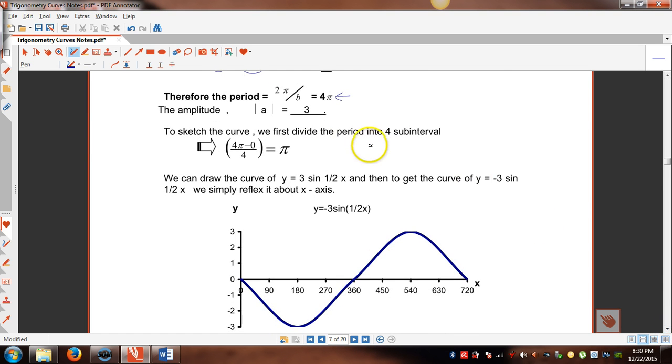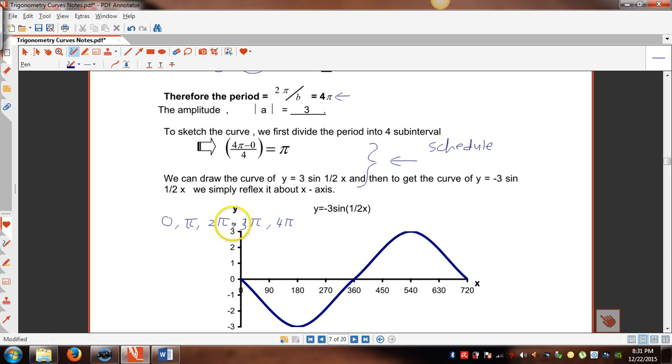In between we can construct a schedule, from 0, pi, then 2 pi, then plus pi, we have 3 pi, then we have 4 pi.